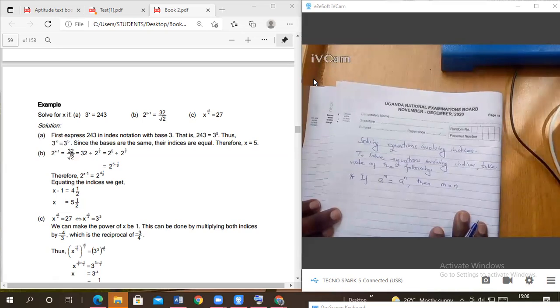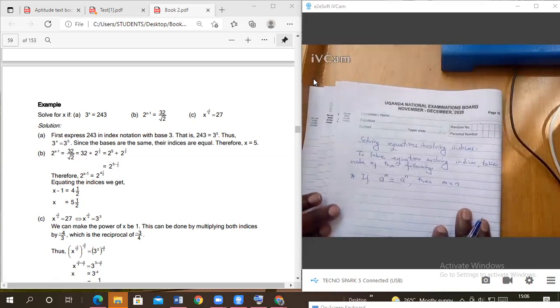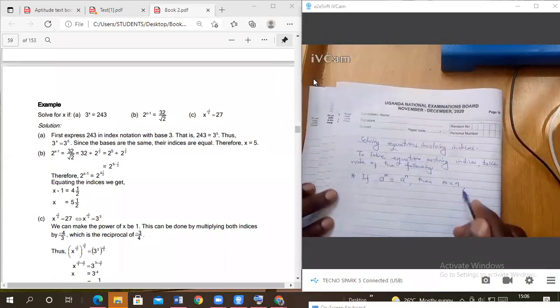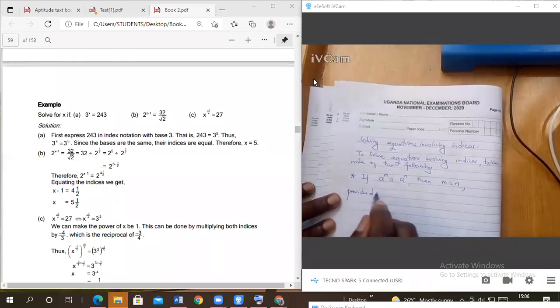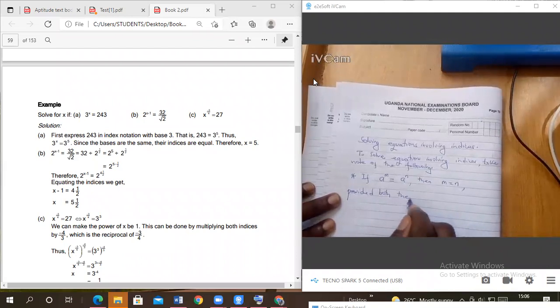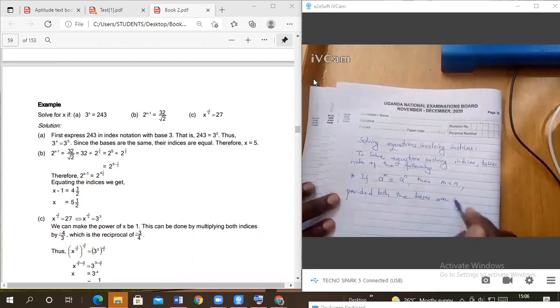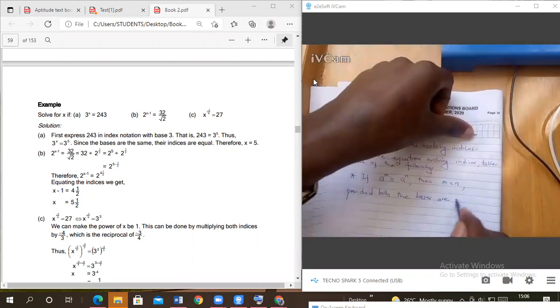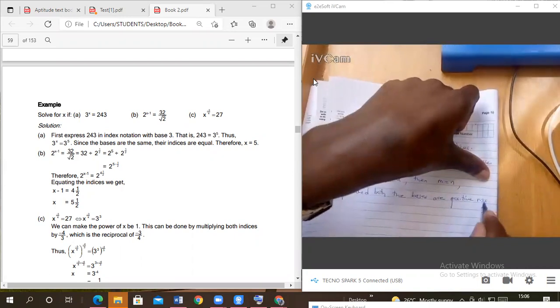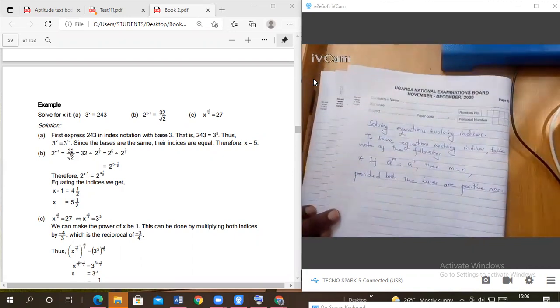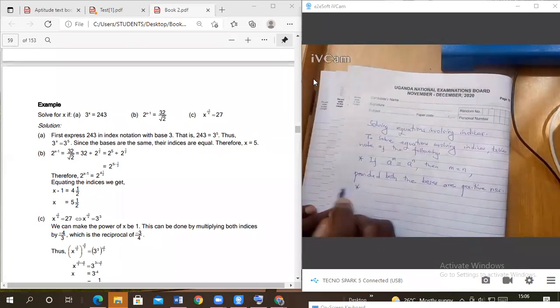Provided both the bases are positive numbers. Provided all the bases are positive. That's the first thing we have to take note of.